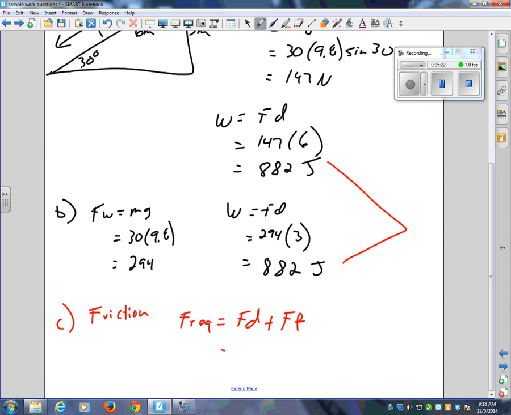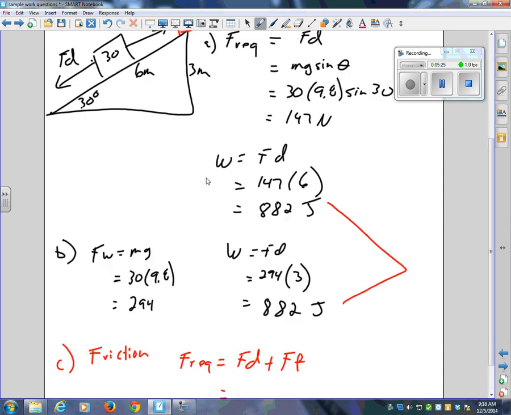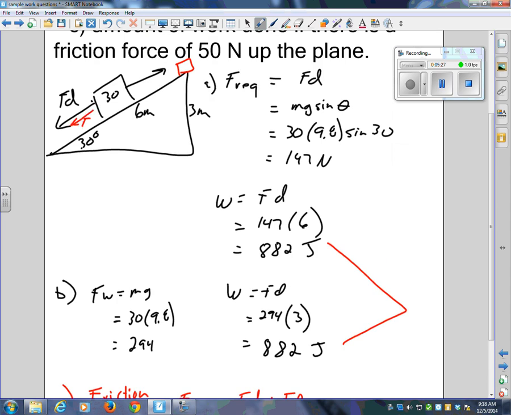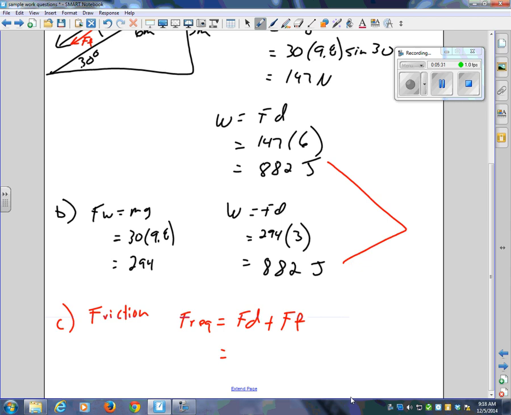You need to overcome FD, and you need to overcome the friction force. So 147 plus 50. Go ahead, ask.